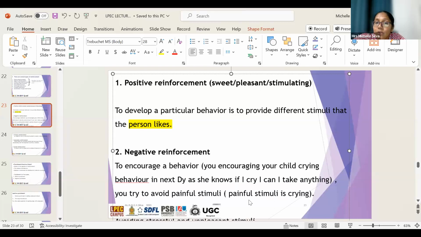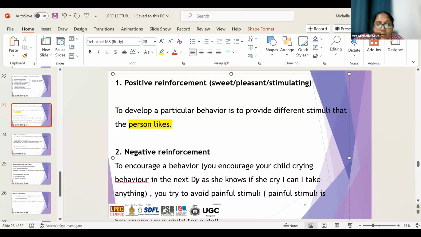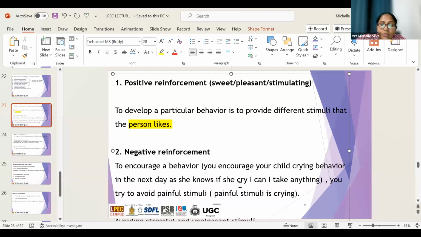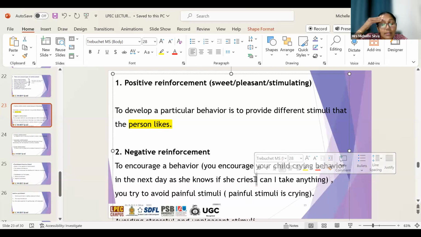Since the crying is very disturbing for you, in order to avoid it you encourage a behavior. You are encouraging her crying behavior and this stubborn behavior more and more. It's not good.